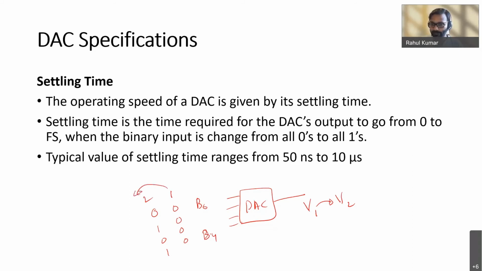Generally it will take some time to change the output voltage from V1 to V2. Generally it is 50 nanoseconds to 10 microseconds. It's a very small time, but it does take some time to change the output according to the input binary bits. So this is your settling time.